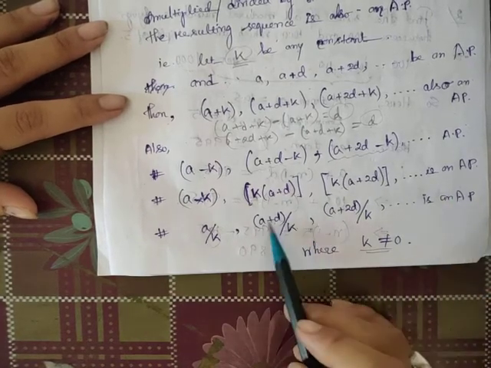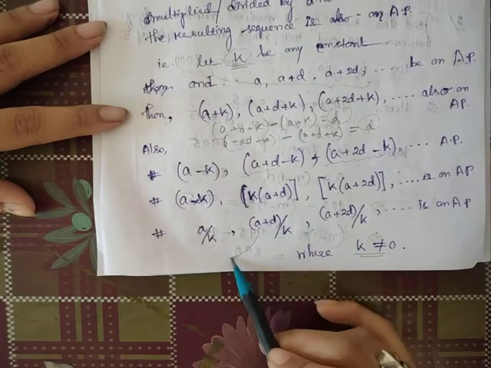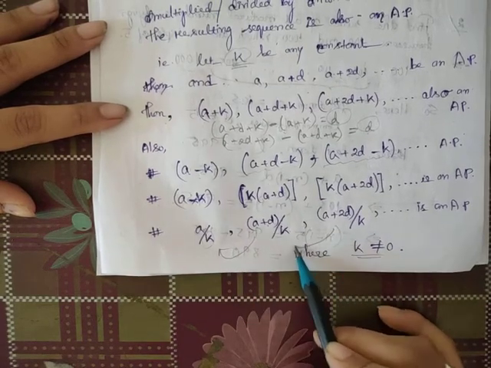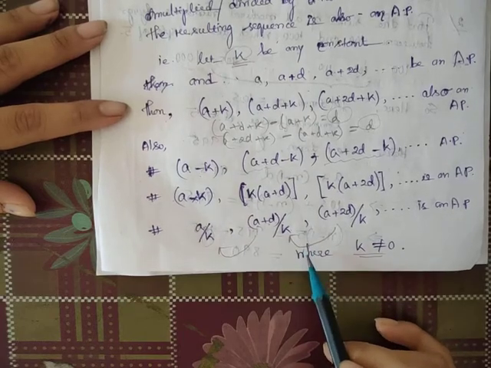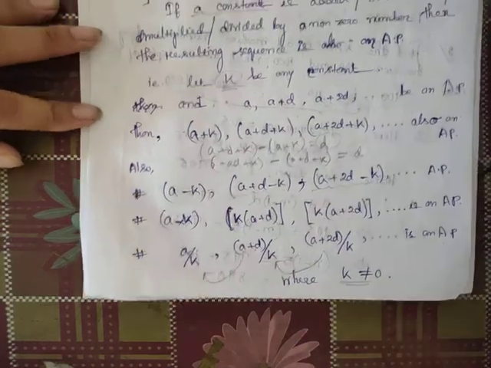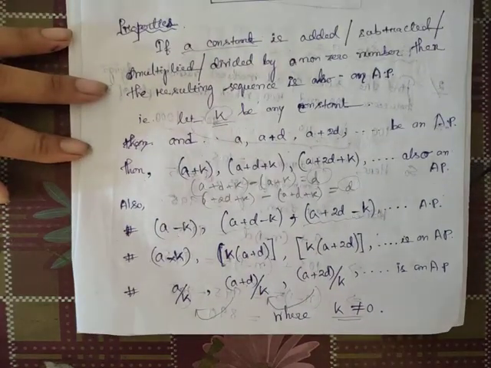You can check: a plus d divided by k minus a divided by k, and a plus 2d divided by k minus a plus d divided by k. Check it, you will get the same common difference. Same common difference means the sequence is an AP.